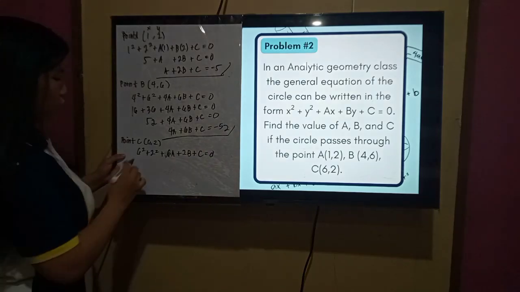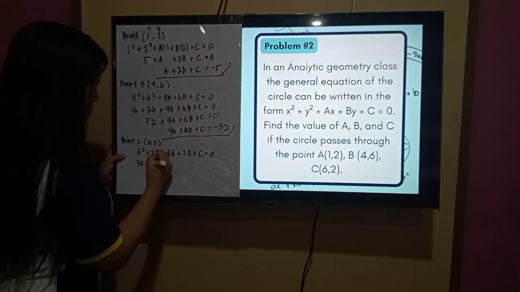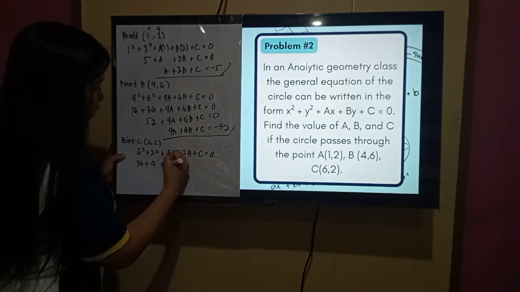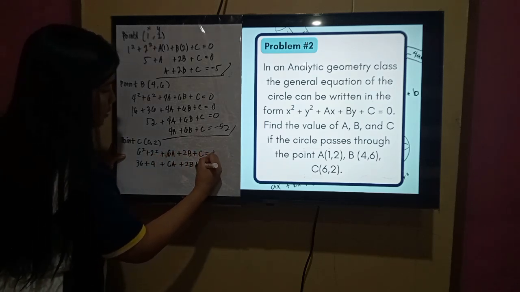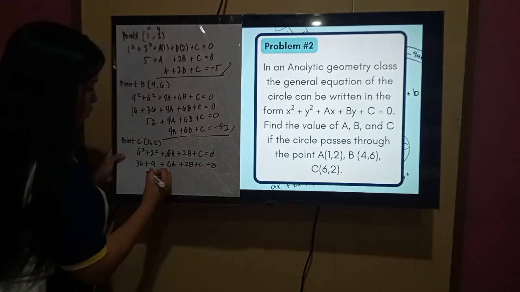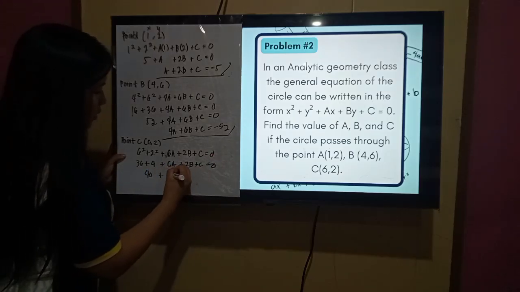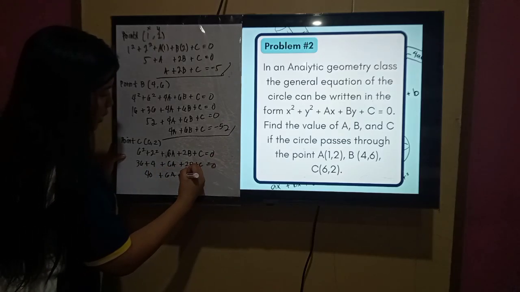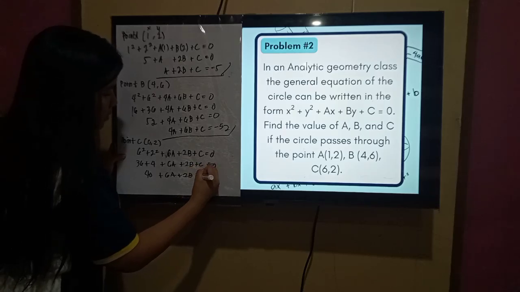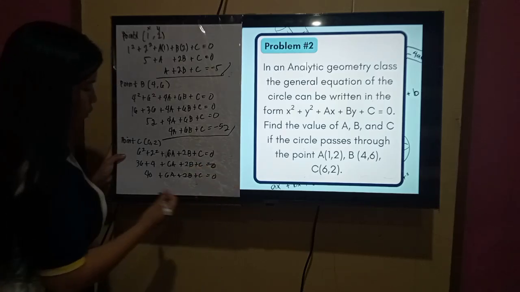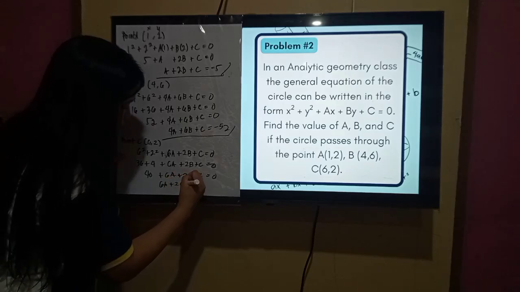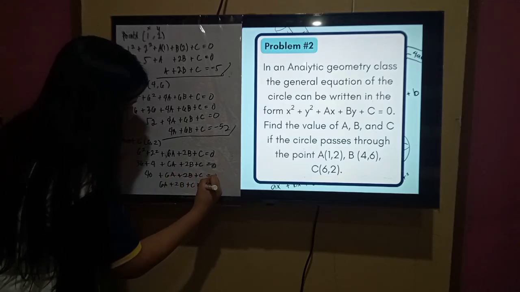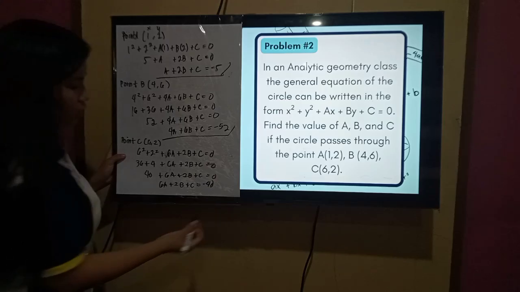So, 6 squared is 36, 2 squared is 4. This would be 40 plus 6a plus 2b plus c is equals to 0. And then, nililipat natin si 40 doon. So, 6a plus 2b plus c is equals to negative 40. So, ito na yung ating third equation.